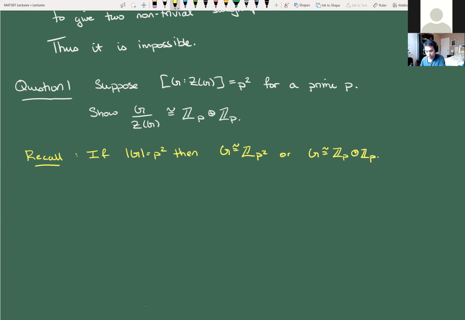This is something that was done in the notes in and around this section: if the order of G is a prime squared, then it's exactly one of these two groups. It doesn't have a choice. It's either Zp squared or it's Zp plus Zp. Okay, so that's important because in this problem, you're told that the index of G over Z(G) is p squared, right? So immediately we're going to be able to conclude something about that.